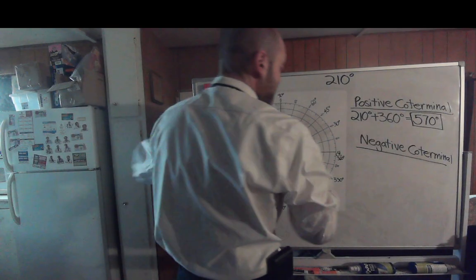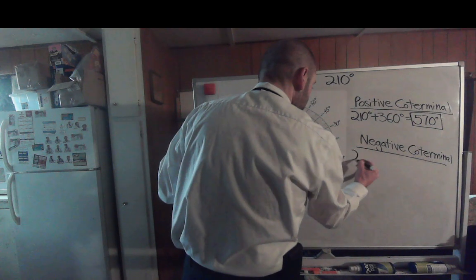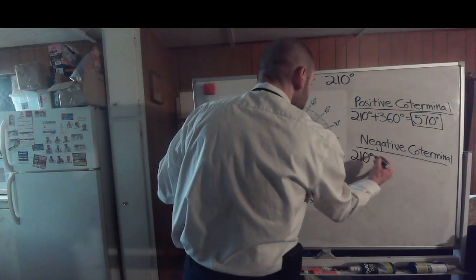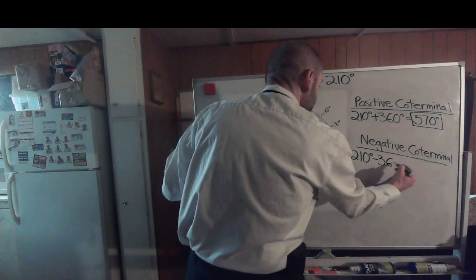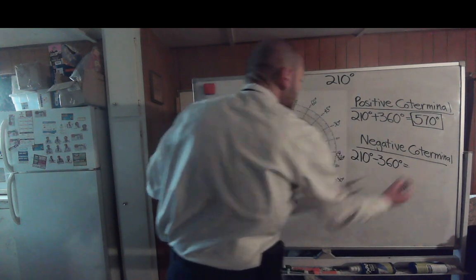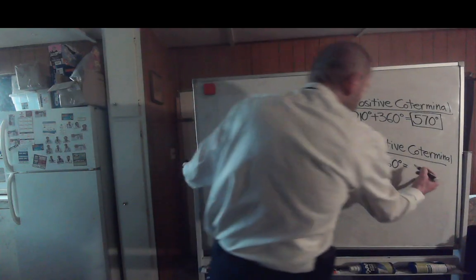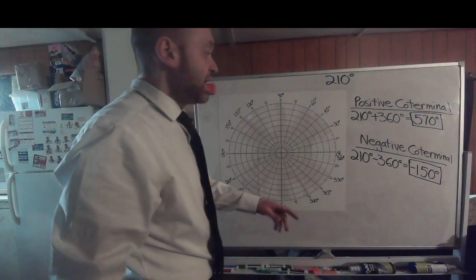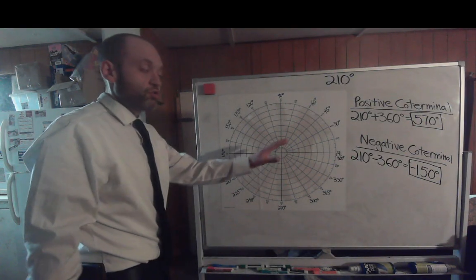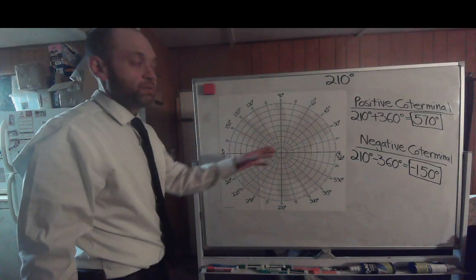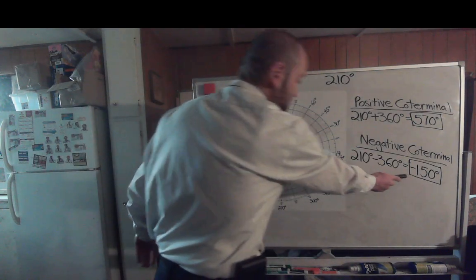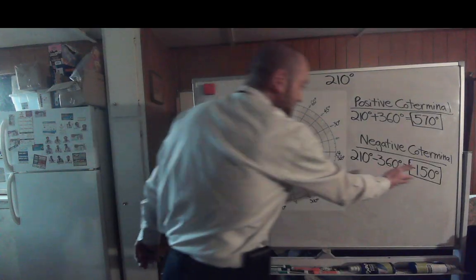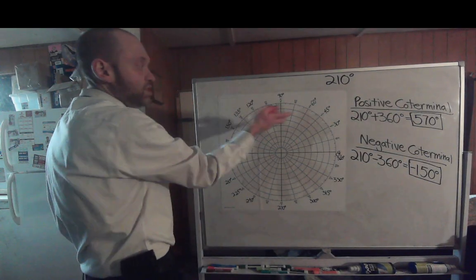Now, if I have to find a negative coterminal angle, let's take 210 degrees minus 360 degrees. Well, that would give me negative 150, right? Negative 150 degrees is a negative coterminal angle because I went a revolution around the circle backwards, in the clockwise direction instead of counterclockwise. So negative 150 is a negative coterminal angle to 210.